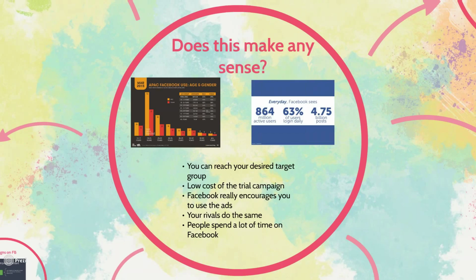Facebook is popular, so probably your competitors, your rivals on the market, are using it. They are using it for the same purposes, so why shouldn't you? People say, okay, everybody uses Facebook, so it will be difficult for me to stand out of the crowd. I say, if you don't start using Facebook for advertising, for creating content, for sharing posts with your students and potential customers, you're going to lose anyway.